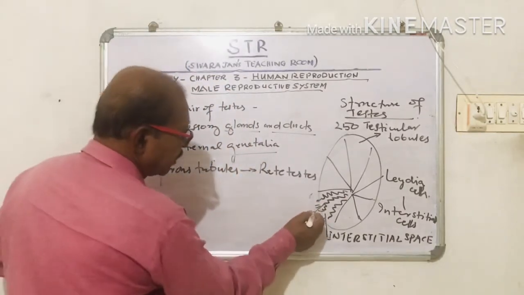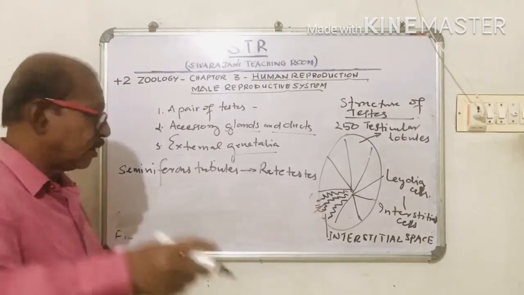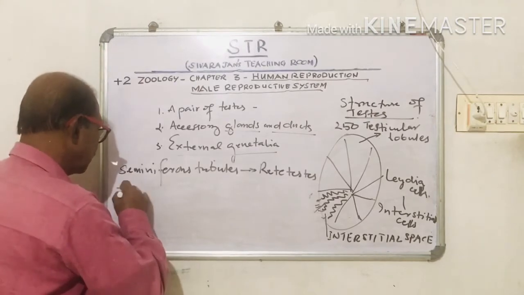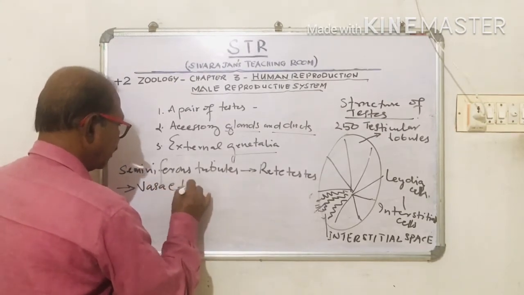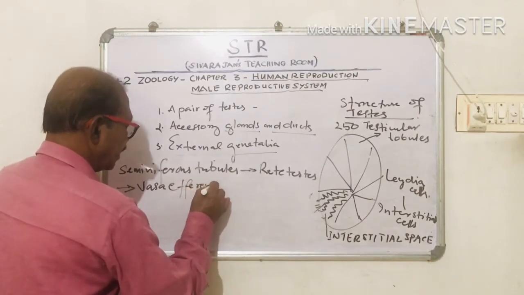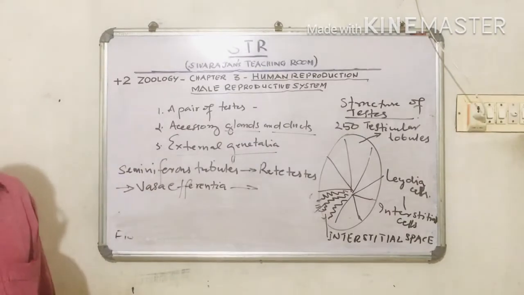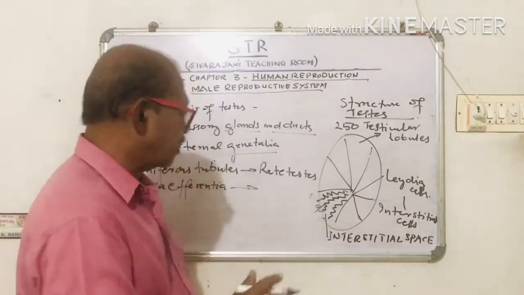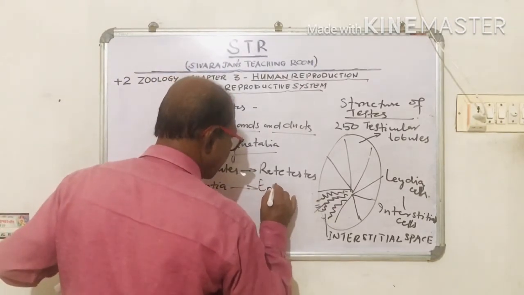And the rete testis, many rete testis join together to form a bigger tube called the vasa efferentia. And vasa efferentia opens into a big tubular structure called epididymis.